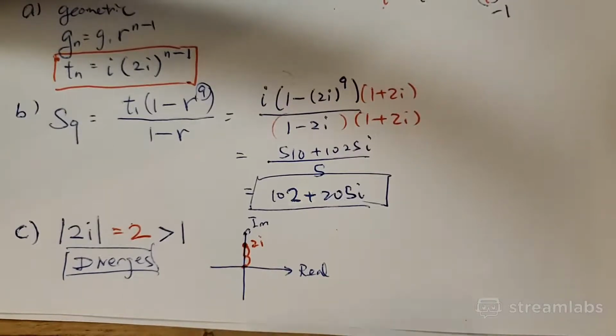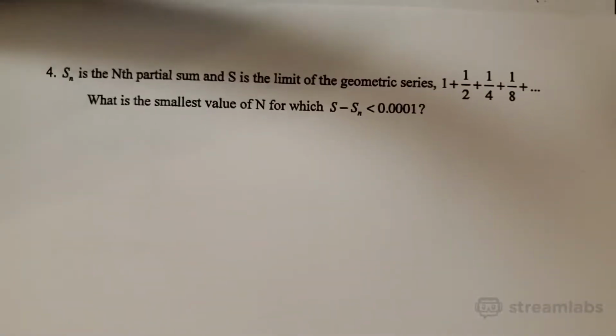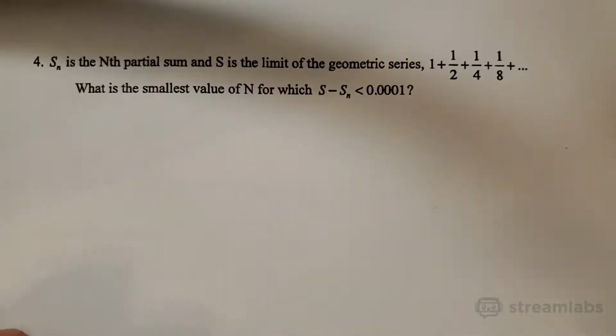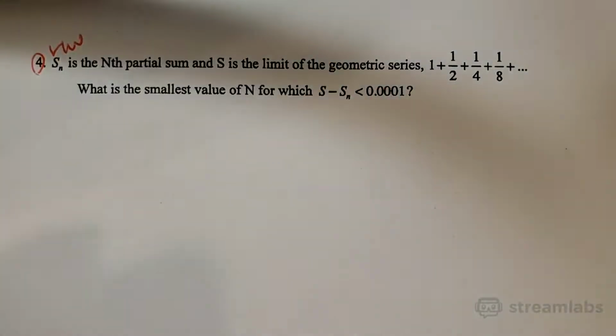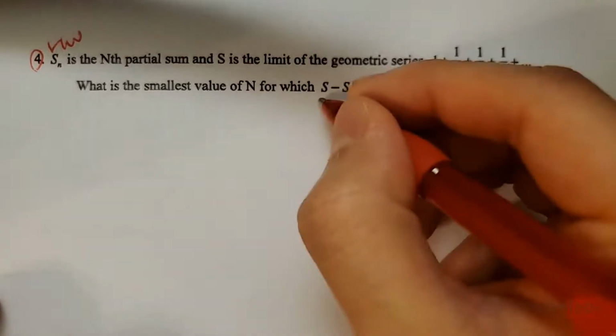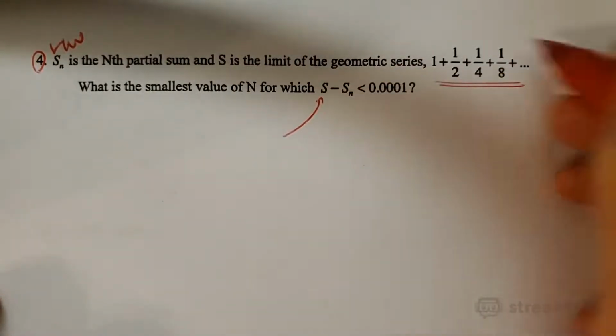If you are still surviving, flip it over. I want you to take a look at this problem. Okay. So this is the last problem. This is going to be homework. What you're looking for is you need to find the sum of this infinite series.